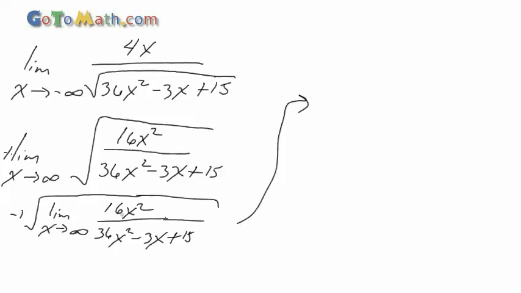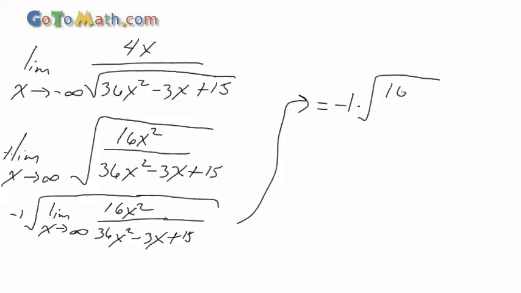All right, so we worked a problem earlier where both our leading terms, which are 16x squared and 36x squared, have the same power. And if they both have the same power, guess what? We just write the coefficients.